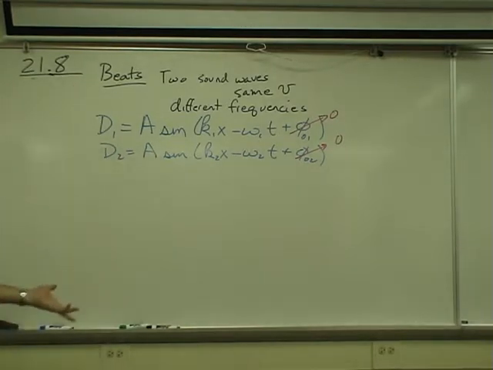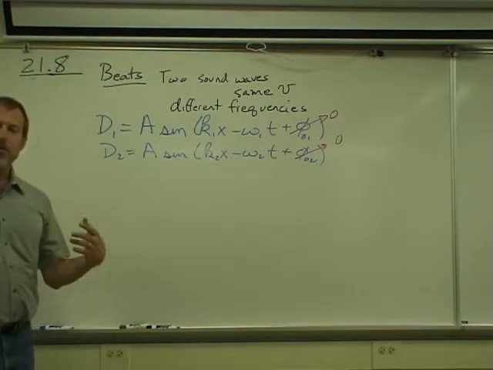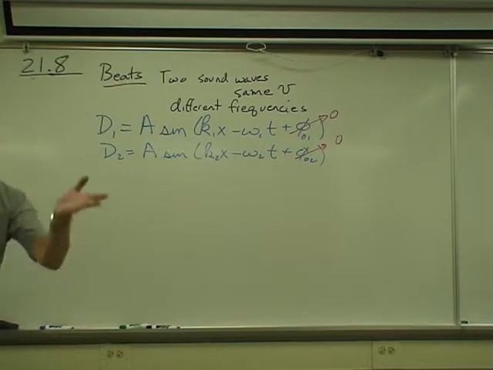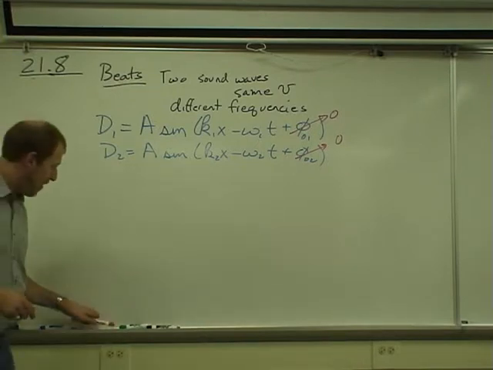And if I have sine alpha plus sine beta, then I can use a trigonometric identity. The book does it. It's right in front of us.